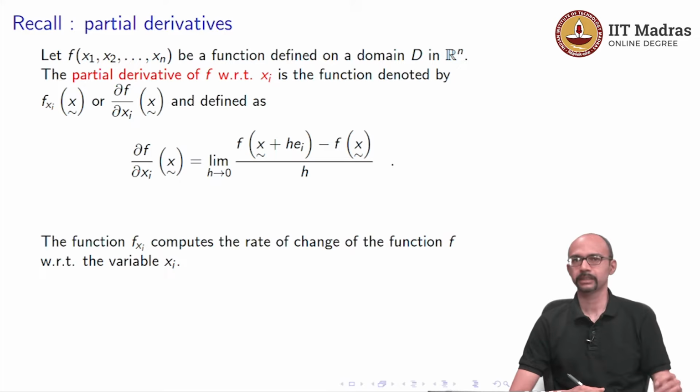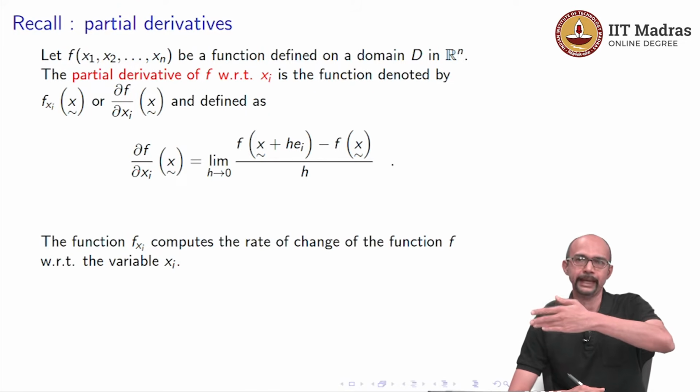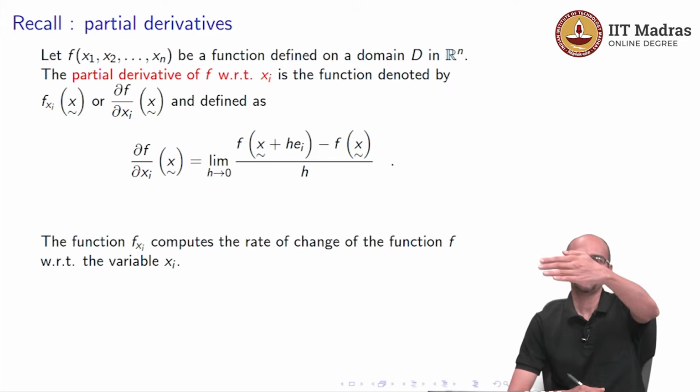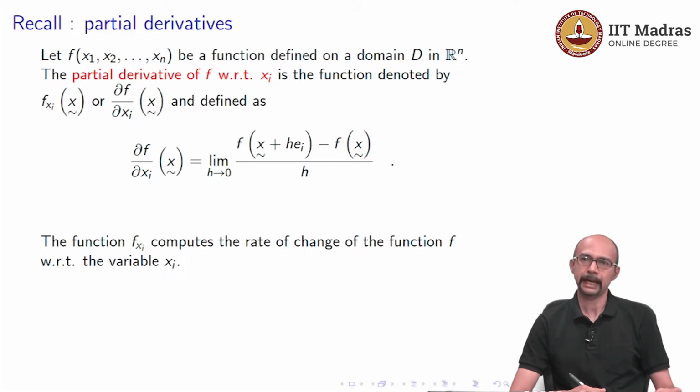For example, if it is a function of two variables x and y, when you want to compute this partial derivative function at a point A with respect to x, you move parallel to the x axis. So, you look at the line parallel to the x axis passing through the point A, you restrict your function to just that line, and then you see what happens. It becomes a function of one variable, and you compute the rate of change at that point with respect to what is happening on that line.